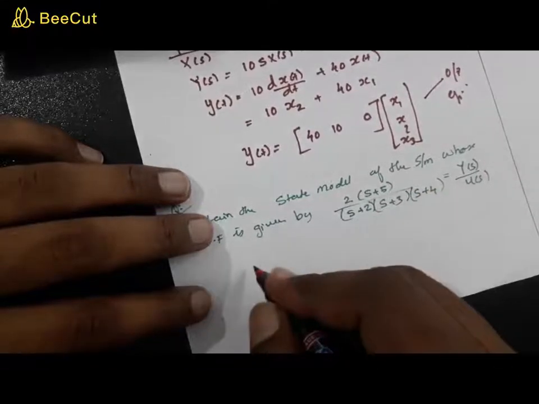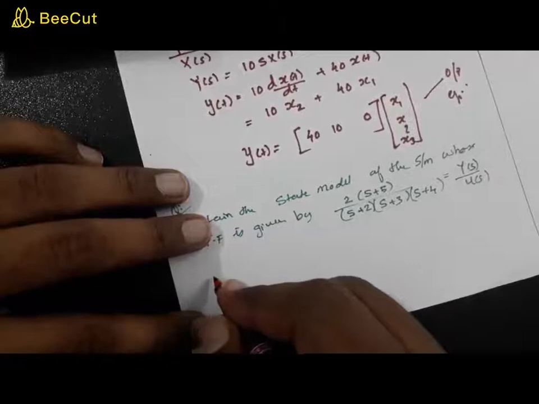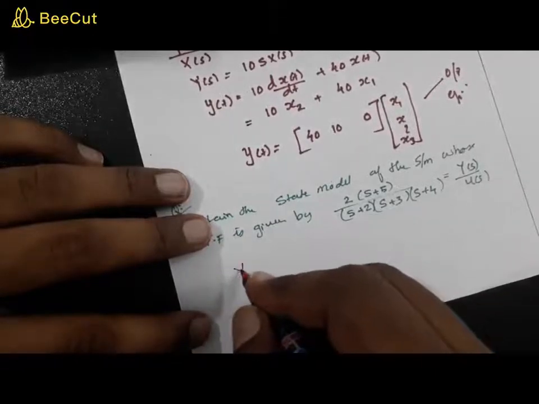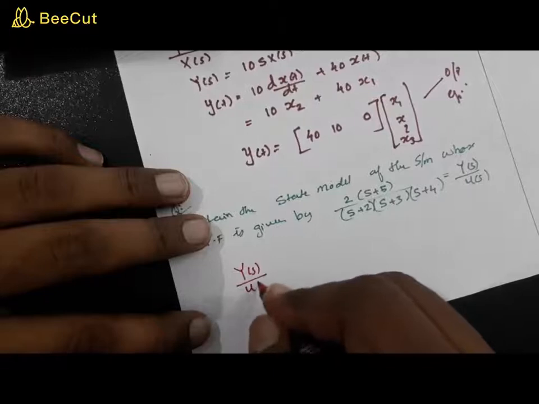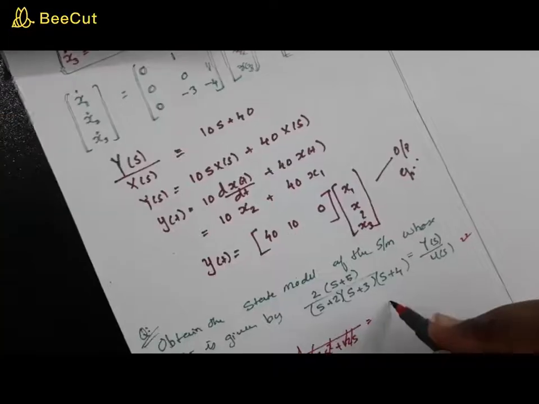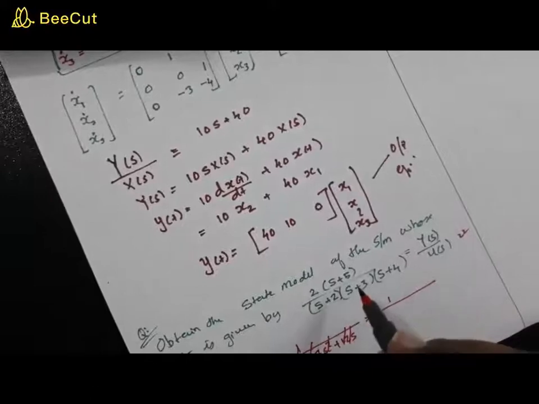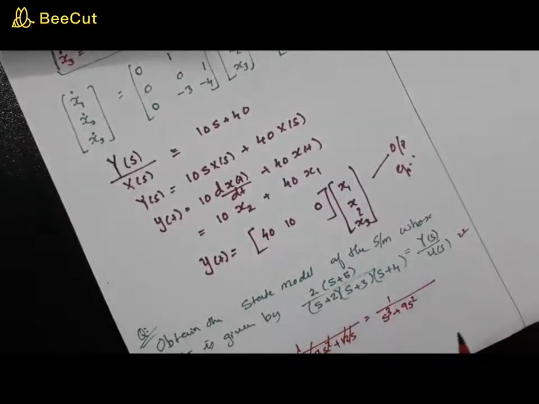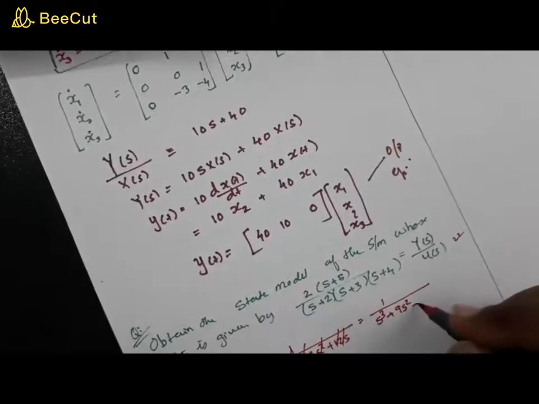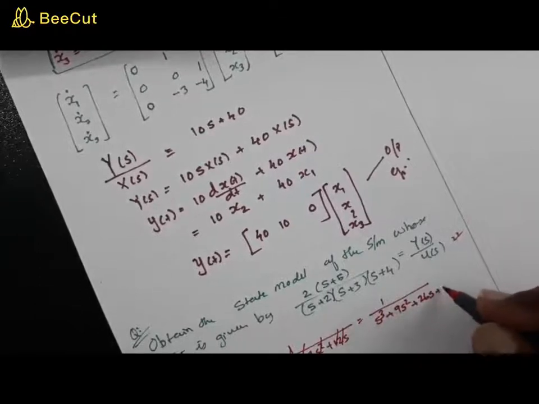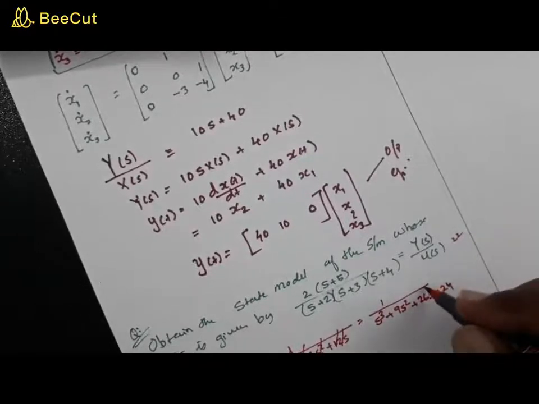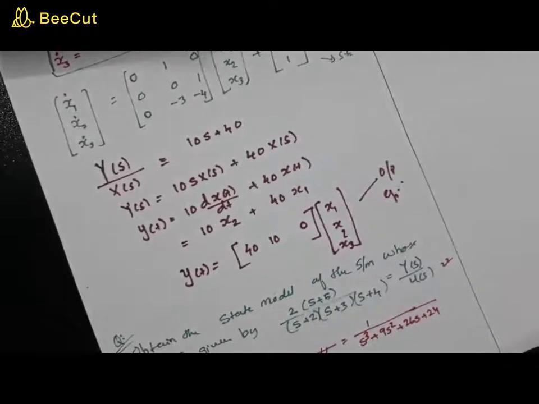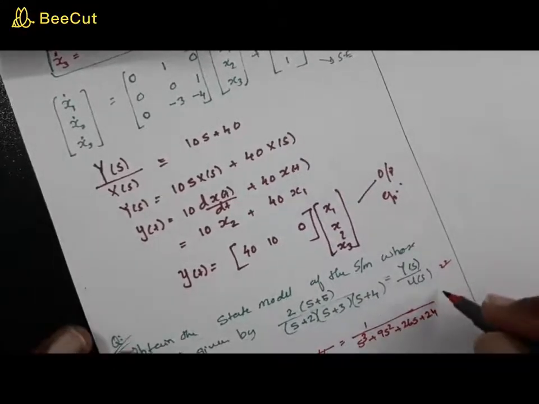So in that form, Y(s) by U(s) can be written as 1 by, on expanding this, you will get s cube plus 9s square plus 26s plus 24, into 2s plus 10.